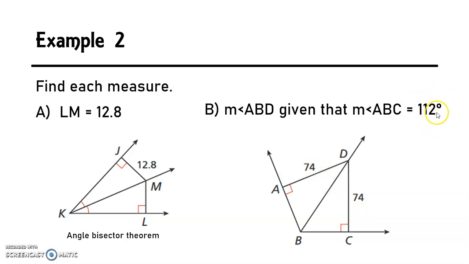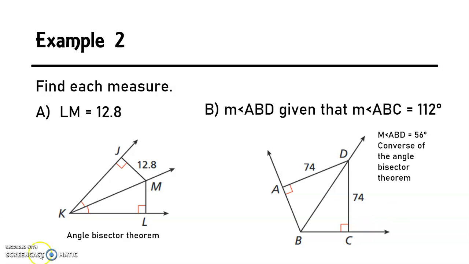So all I have to do is divide this by 2. And 112 divided by 2 is 56 degrees. So it's the converse of the angle bisector theorem, and the angle they wanted is 56 degrees. Okay, so here is our final answer. ABD is 56 degrees, and it's the converse of the angle bisector theorem.